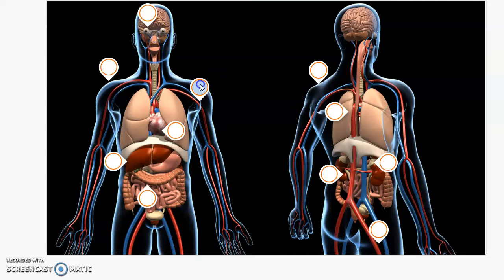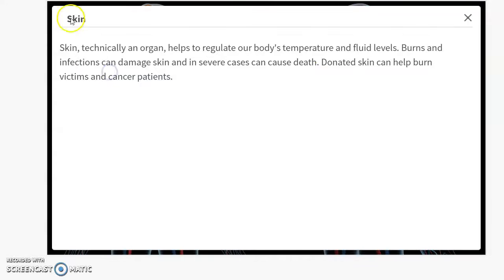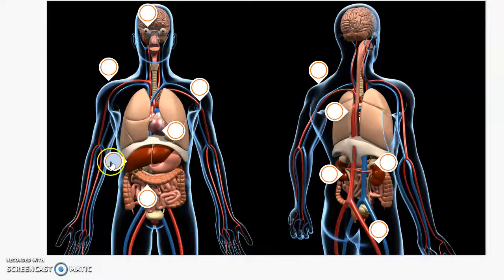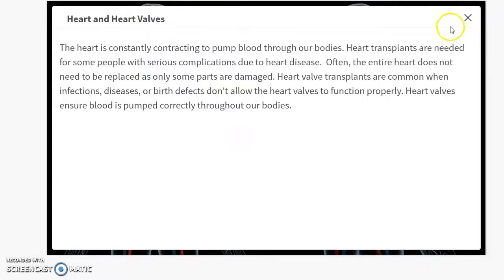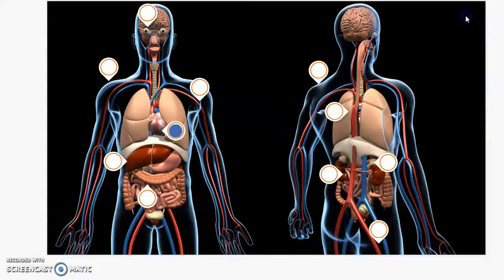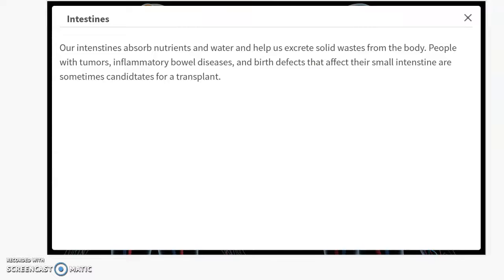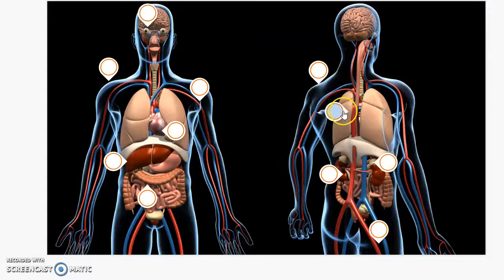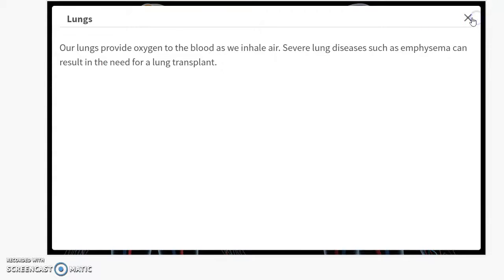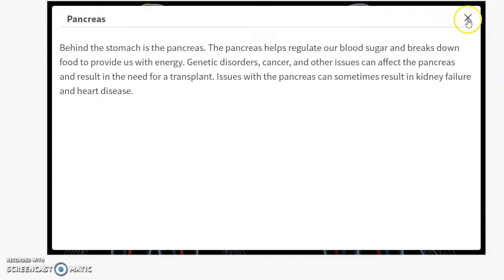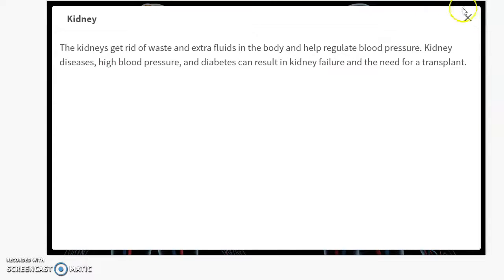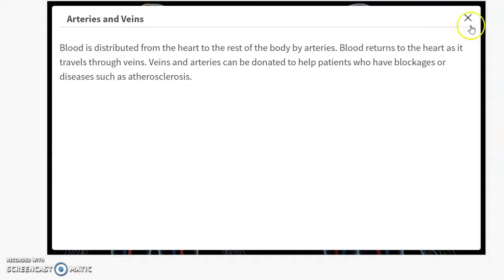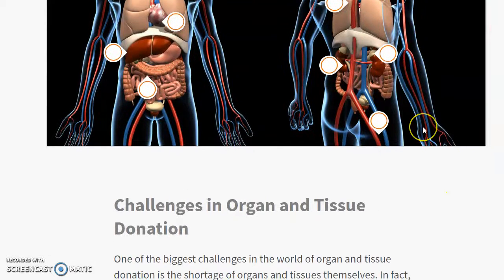So your eyes, your blood and bone marrow, skin, liver, heart and heart valves, and your intestines. Wow. Looking back here, bones, tendons. There's so much in the human body. Lungs, pancreas, kidney, and any of your veins, the blue and the red right there.